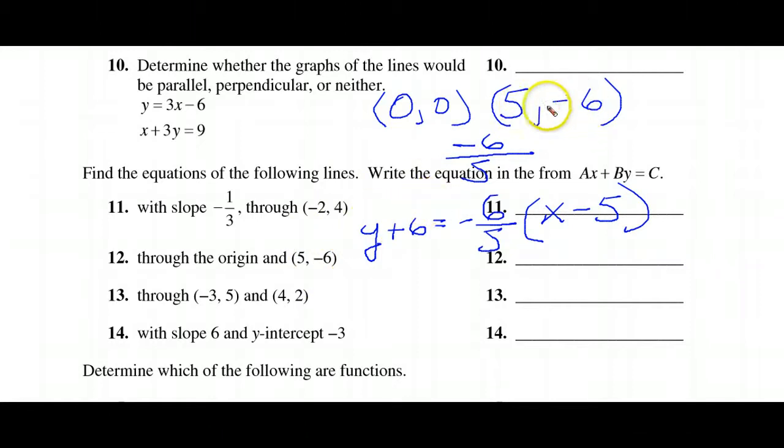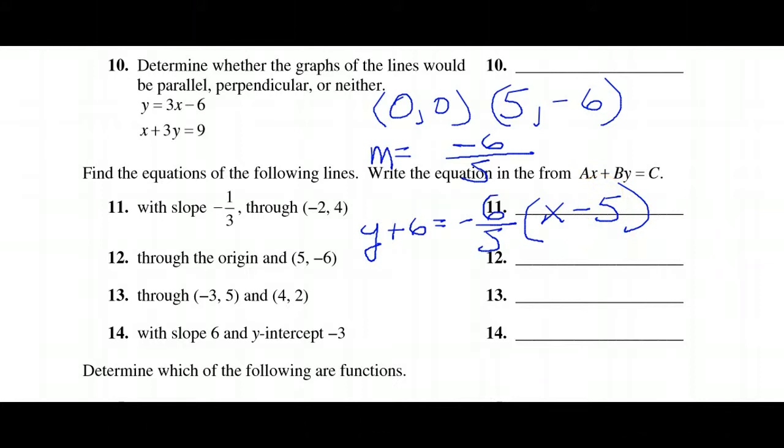So putting it in the slope formula, y sub 2 is -6 minus 0 over 5 minus 0 gives us a slope of -6/5. And then we put it in the point slope form. Y minus a -6 gives me a +6 there. There's my slope, and x minus 5 is this.